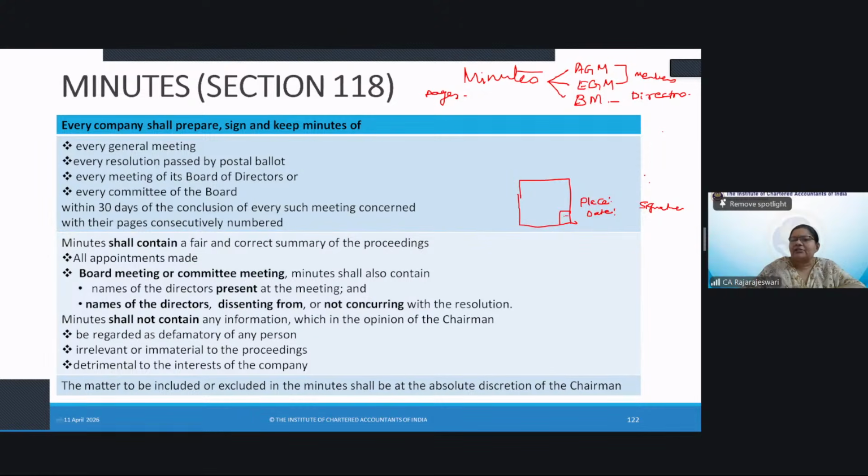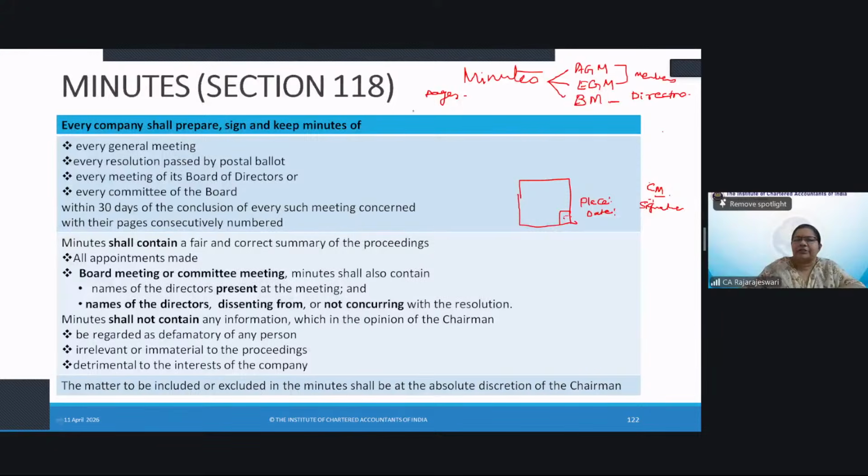Or if that chairman is not available, even in a general meeting or the board meeting, whoever is available, whoever is authorized, he can act as a chairman. Whoever has acted as a chairman, he can sign the minutes. So generally, we get it from the chairman of the meeting. We sign it and we keep it as a record.